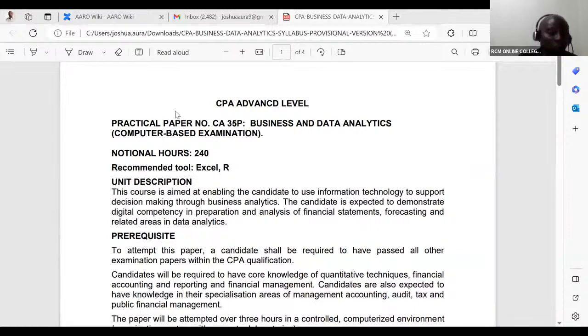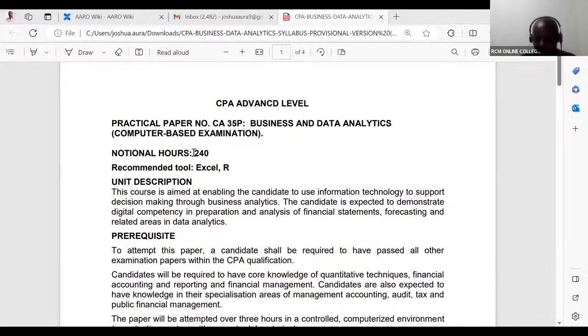It's a computer-based examination, and these guys expect you to study for 240 hours. The notional learning hours are 240. Let's try counting. Here at RCM, we teach you thrice a week, so that means 6 hours a week. In a month, we're going to give you 24 hours, 6 times 4.